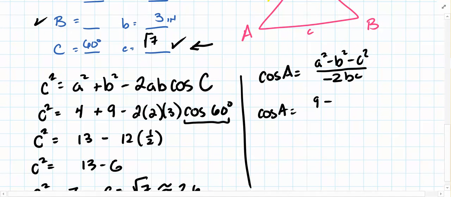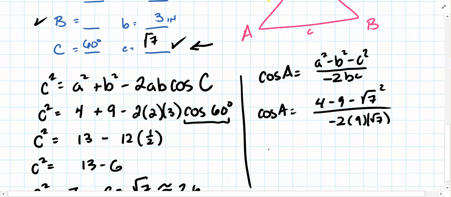So, oh shoot, that's not a 9, huh? That should be 4 minus 9 minus the square root of 7 squared, all over negative 2 times 3 times the square root of 7. So the cosine of A is going to be 4 minus 9 minus 7. How much is that?